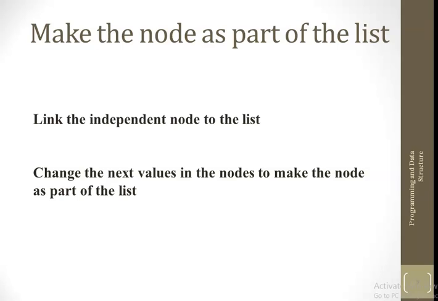Then the fields must be filled with some value corresponding to the definition, and the next portion, the address portion, must compulsorily be filled with a null value. Now the independent node is formed. This node can be attached to the linked list using some changes in the next values of other nodes.